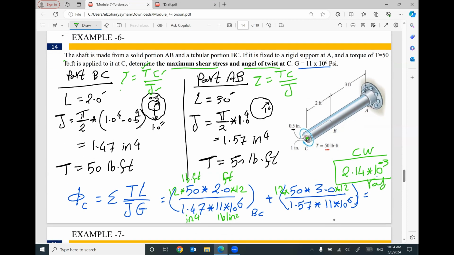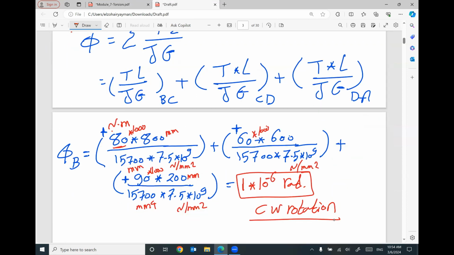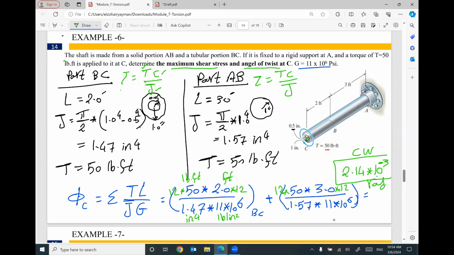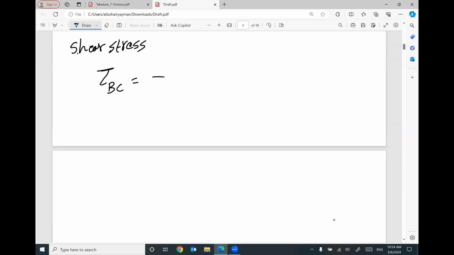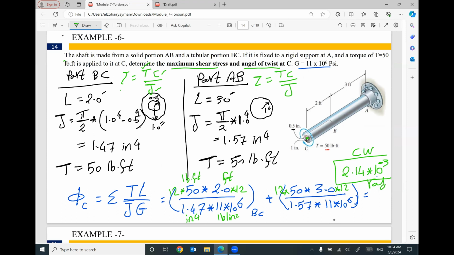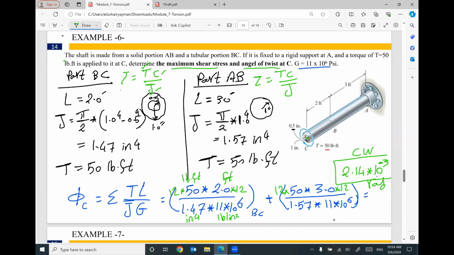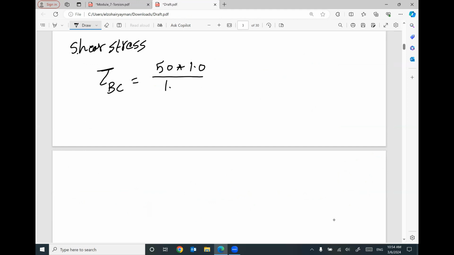I can repeat it for you. So I can say for shear stress, the shear stress in part BC equal the applied torque in this part 50 times the radius of this part, 1 inch, divided by J 1.47.